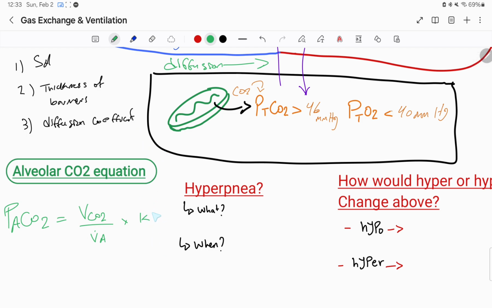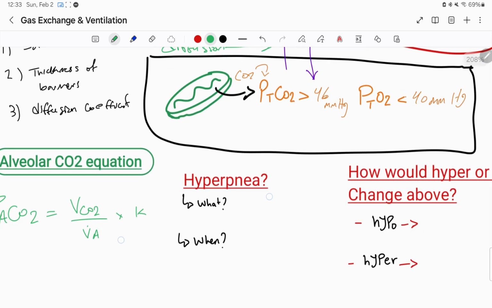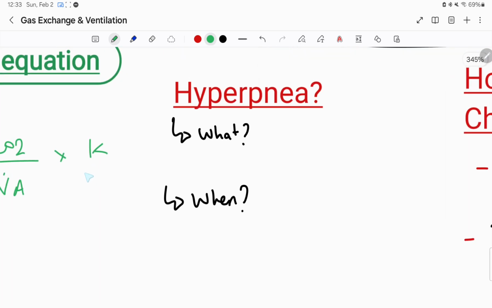This K is simply a conversion factor which takes into account body temperature, and it adjusts multiple things. But usually you'll be given this value, and it's somewhere around 863 millimeters of mercury at sea level and normal body temperature of 37 Celsius.